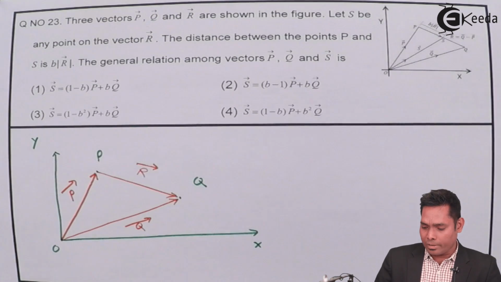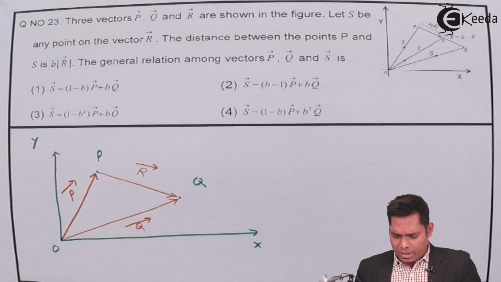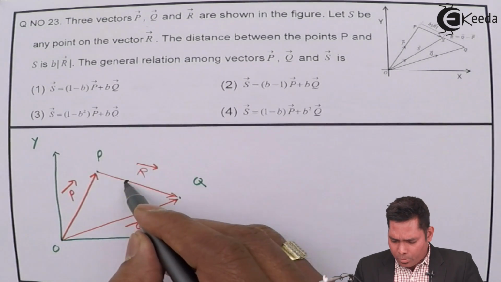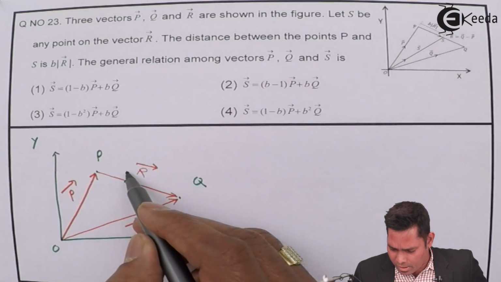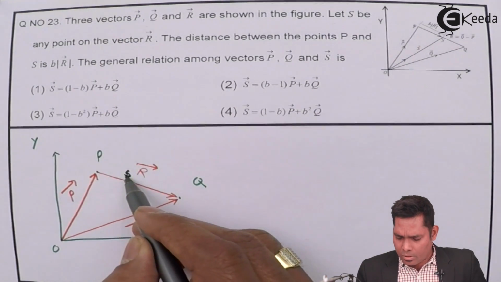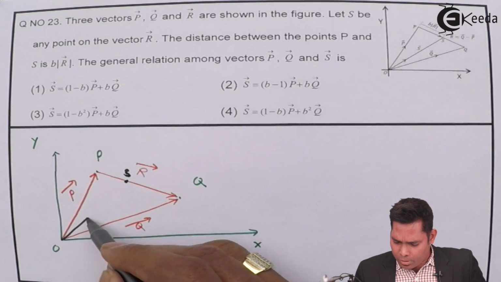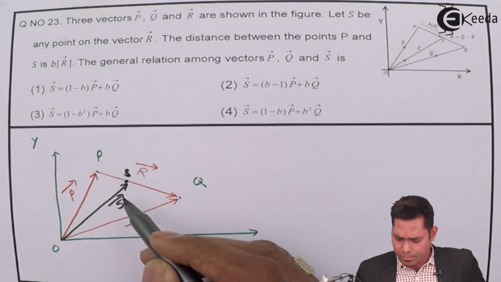This is the arrangement, and we will consider any point. Suppose here that is S. This point is S, and this position vector is the S vector.